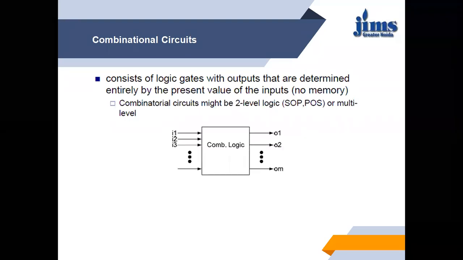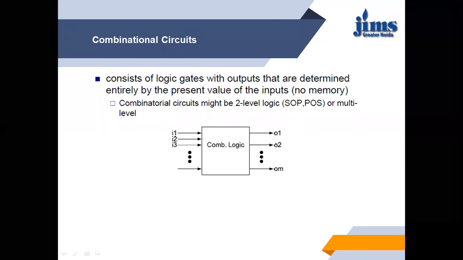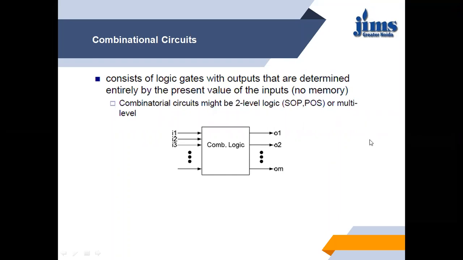This is the block diagram of a combinational circuit. These are the inputs, it may have n number of inputs, and it may have m number of outputs. There is no such restriction as in the case of logic gates. When we studied logic gates, we studied AND, OR, NOT, XOR, NAND, NOR, and XNOR gates, and in all gates we have only a single output, and the input may be 2 input, 3 input, or 4 input.